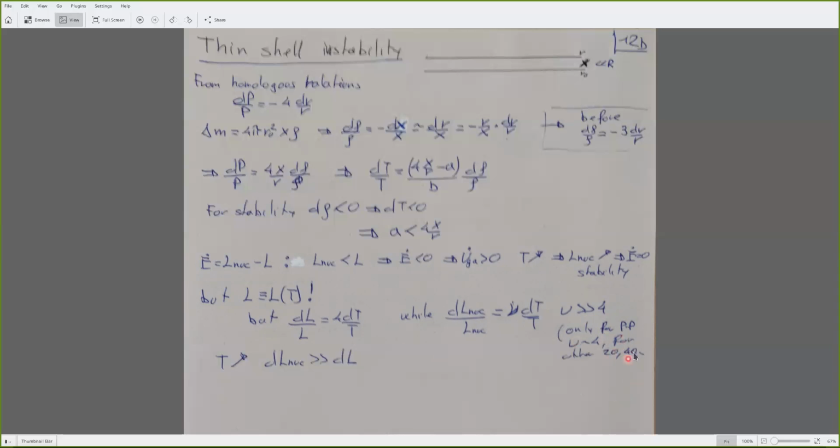For helium burning it is 40, more or less, a little less, but anyway always bigger than 4.